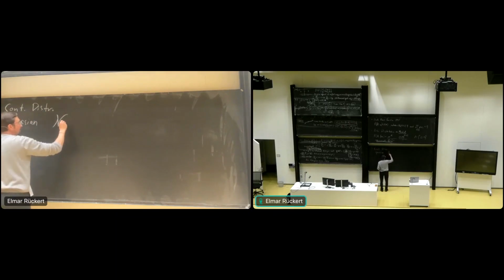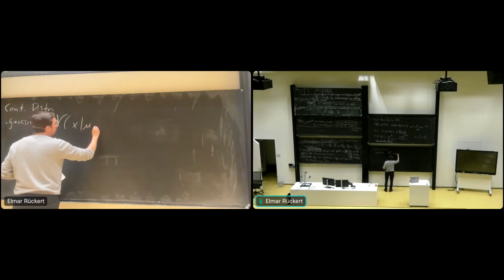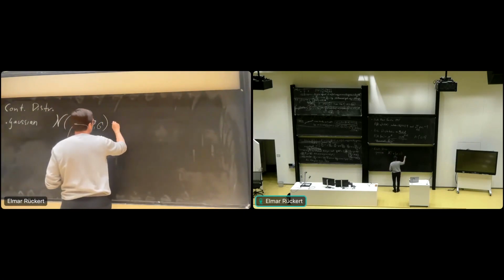And for the Gaussian, we use this letter N. In this case, we have the random variable x and the two model parameters mu and sigma, the standard deviation.